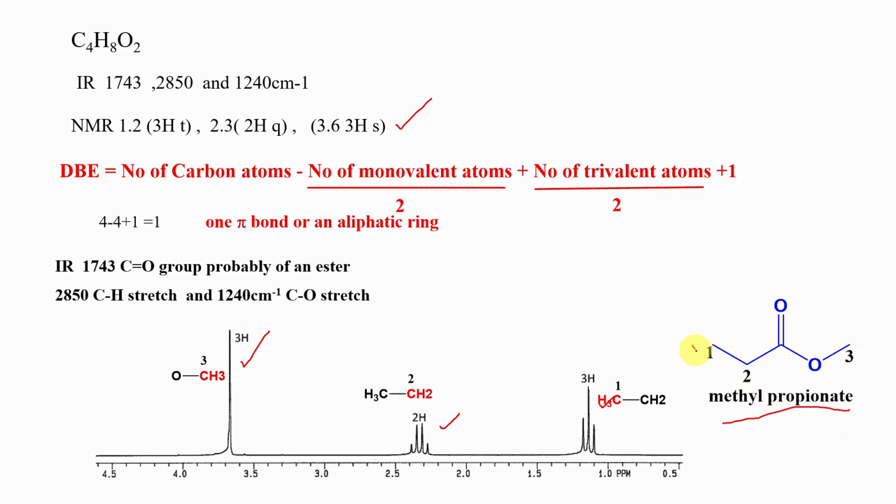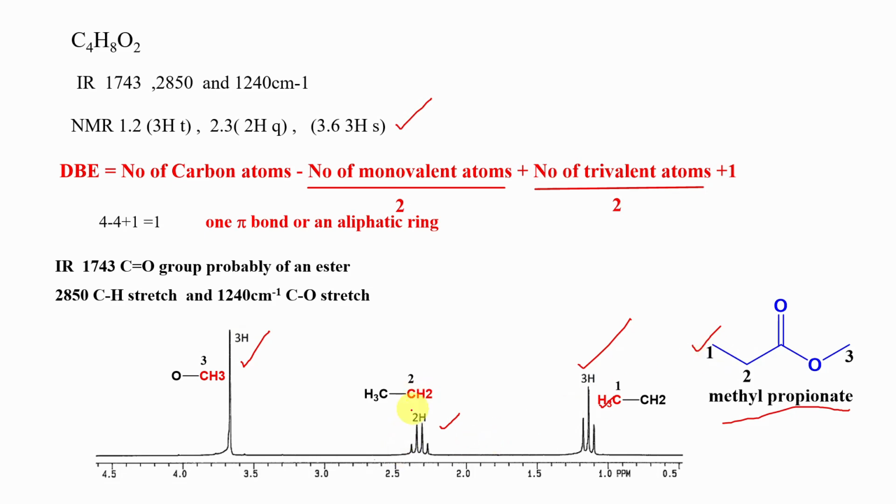The first CH3 group is attached to a CH2 group, and hence it gives a triplet. The CH2 group is attached to the CH3 group, and hence it gives a quartet.